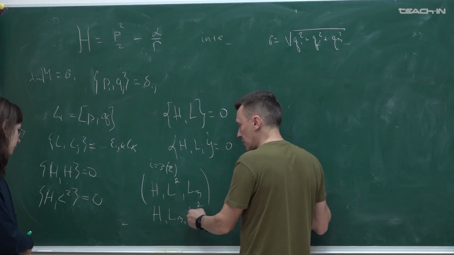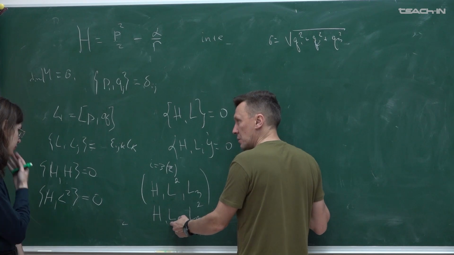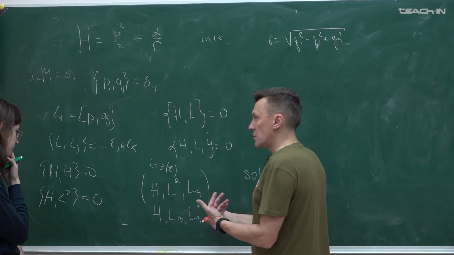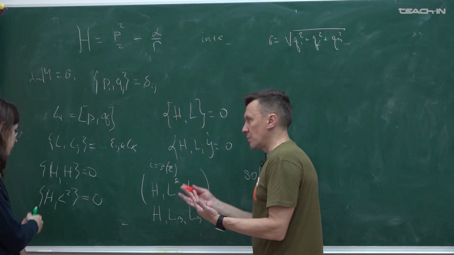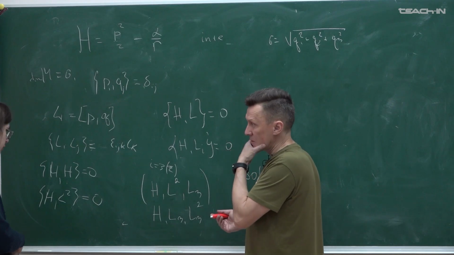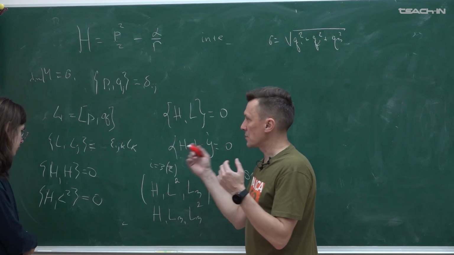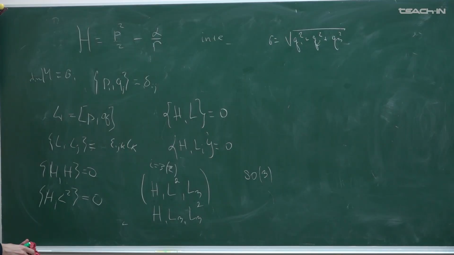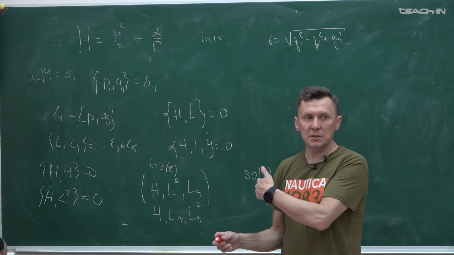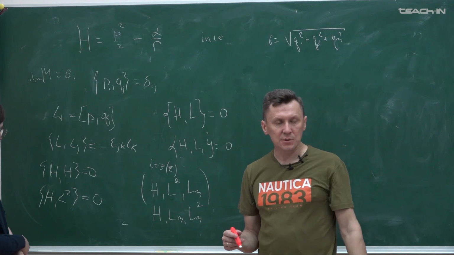This function could be expressed only in terms of that function. If you calculate the differentials as elements of the cotangent space, they will be dependent. Why are these functions independent? Do you remember the definition of independence? It's just the rank of the Jacobian matrix.